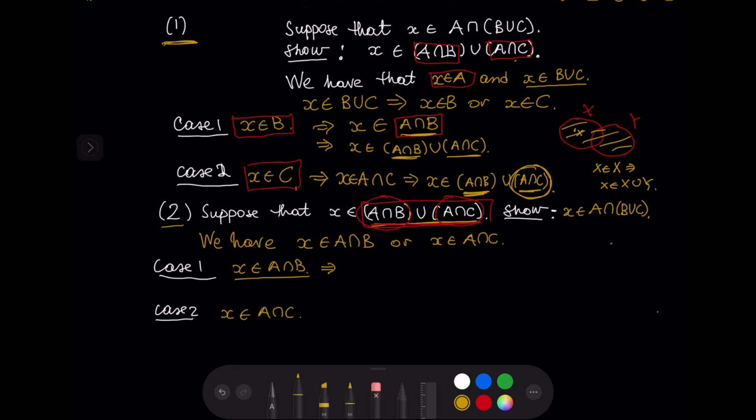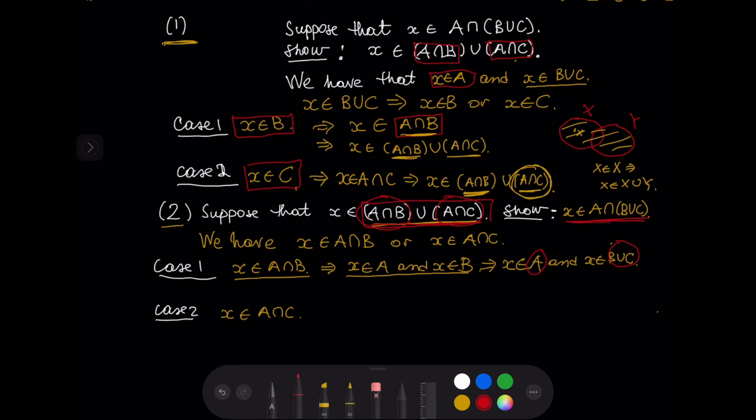So X belongs to A intersected B implies that X is in both sets. So X is in A and X is in B. But just like we reasoned before, we can say that X is in B implies that X is in B union C. So we can say that the whole statement here implies that X is in A and X is in B union C. But then X is in the intersection of these two sets, A and B union C, and this is exactly where we want X to be.